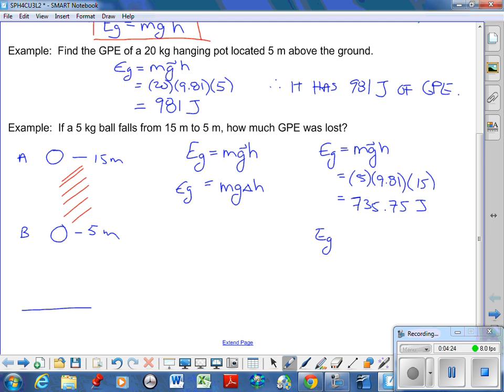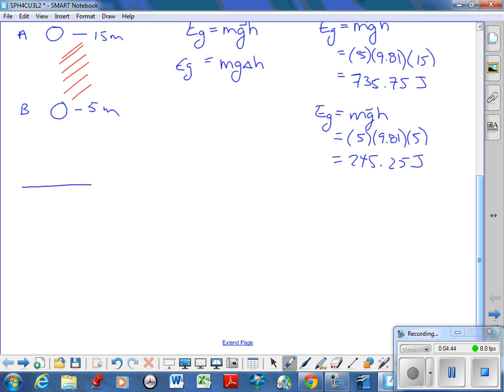Now if we find out how much does it have left, all right, mgh, so 5 times 9.81 times 5, it's got 245.25 joules. So then we would find the difference.